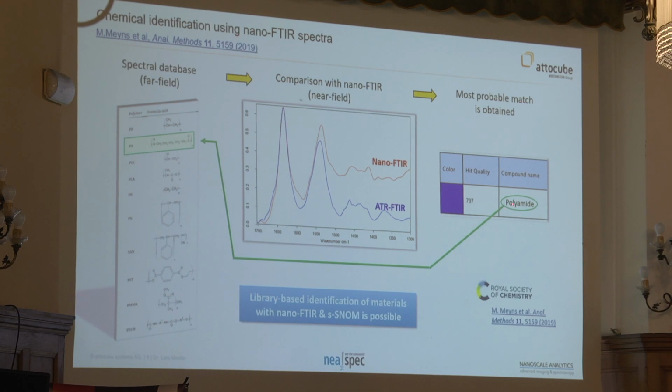So in this case, the computer will tell us this red spectrum, nano-FTIR spectrum, belongs to polyamide. And it has a hit quality of 797, whatever this means. But it's the largest number in this. So there are different ways how you can do this. There are open source libraries. But this is possible, is what some people are doing already.